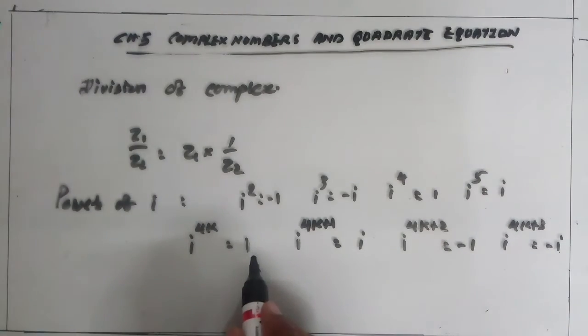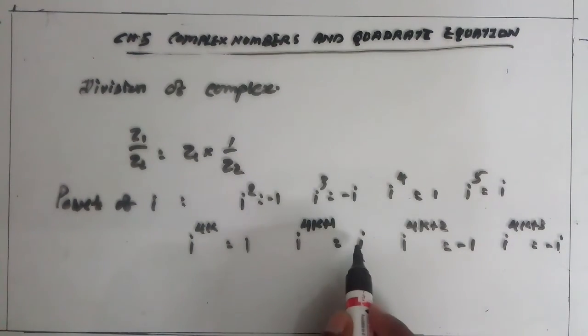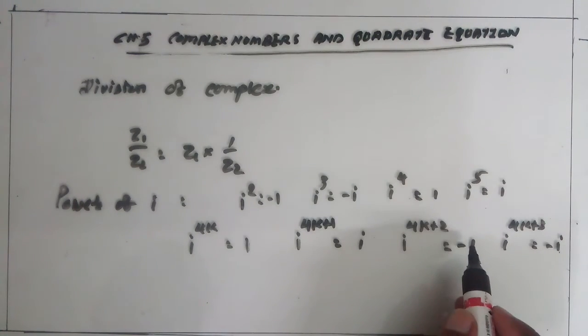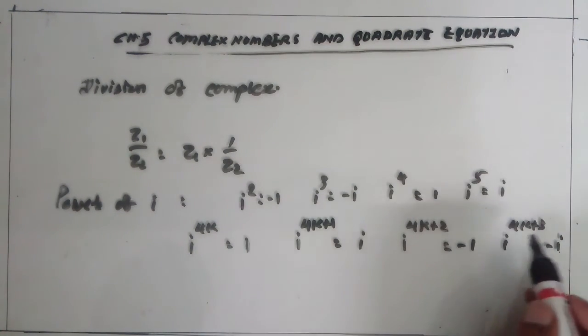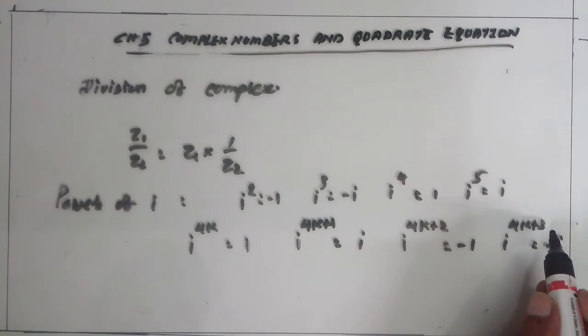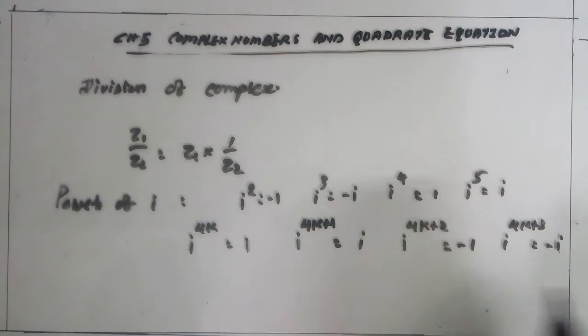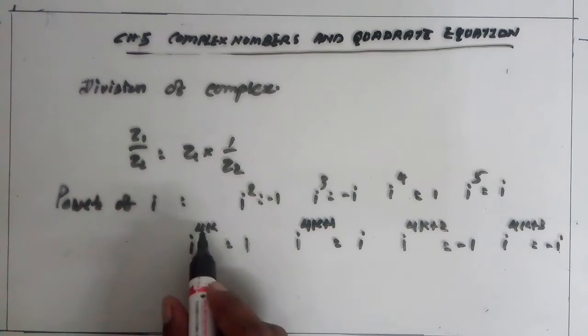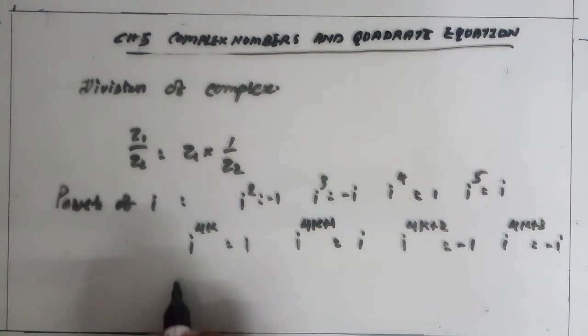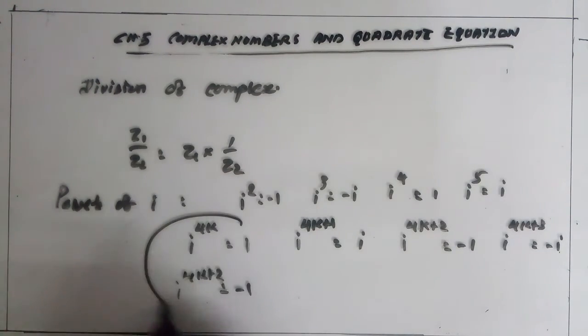So remember this here. i^4k is 1. i^(4k+1) is equal to i. i^(4k+2) is equal to minus 1. And i^(4k+3) is equal to minus i. That means i^4k is equal to 1 and i^(4k+2) is equal to minus 1. Clear?